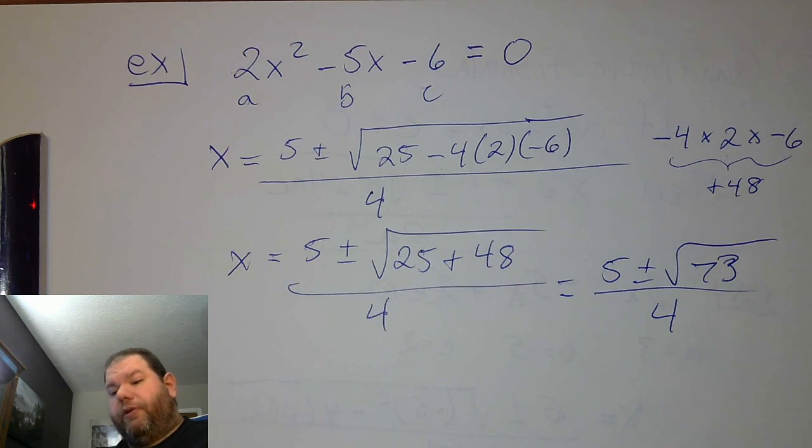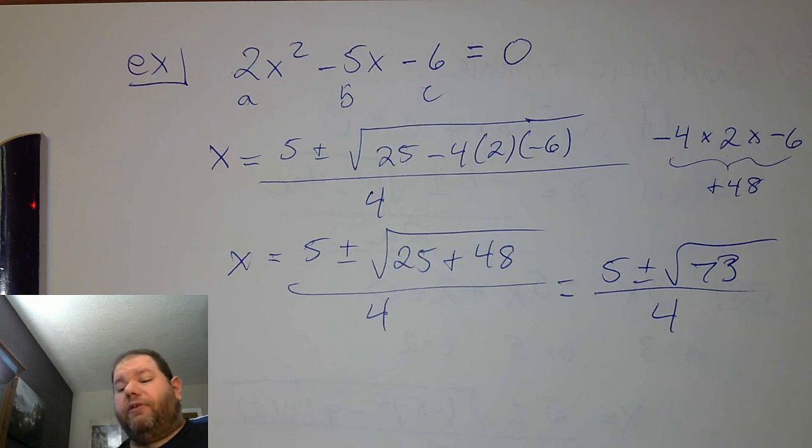Now at this point, 73, can we take that square root? Well, 73 is not a perfect square. But beyond perfect squares, if it's something that we can simplify, we want to be able to simplify it.